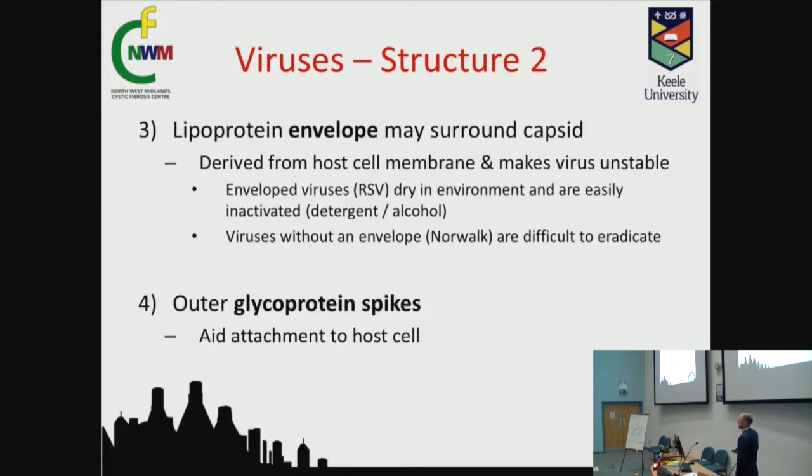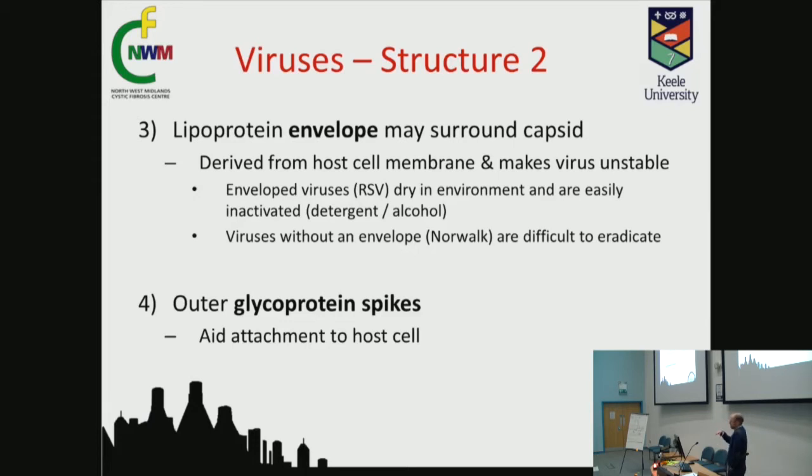The second 2 things about the structure of virus that you need to know that's key, is whether they do or don't have an envelope. So a lipoprotein envelope is derived from the host cell membrane. They don't have it when they go in, but when they go into the host cell, they can develop this lipoprotein envelope.